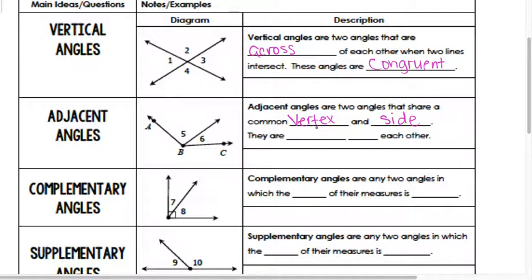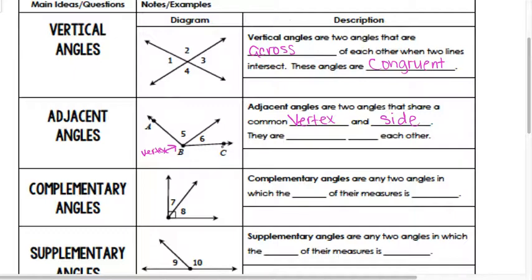Remember from our notes before that the vertex is B right here. These are our sides. Remember that's the actual ray. So they share a common vertex and side. Which side would that be if they're adjacent? This right here would be the side that we're speaking of.